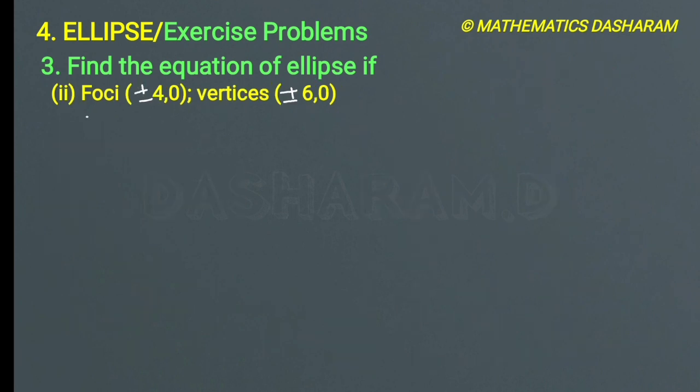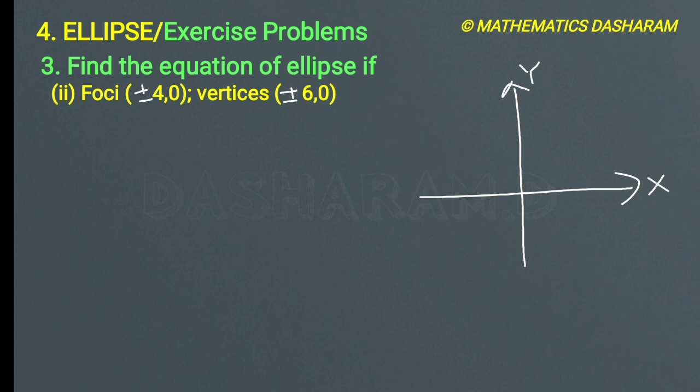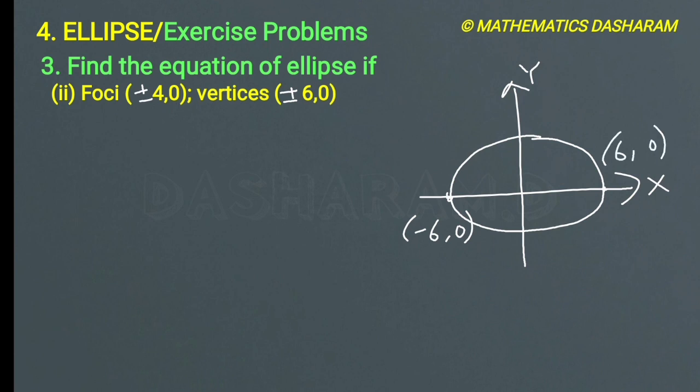Second question, foci plus or minus 4 comma 0, vertices plus or minus 6 comma 0. So here vertices are, one is 6 comma 0, another one is minus 6 comma 0. That means these two ordered pairs will be on the x-axis, and it is an ellipse. So here is minus 6 comma 0, and here is 6 comma 0.